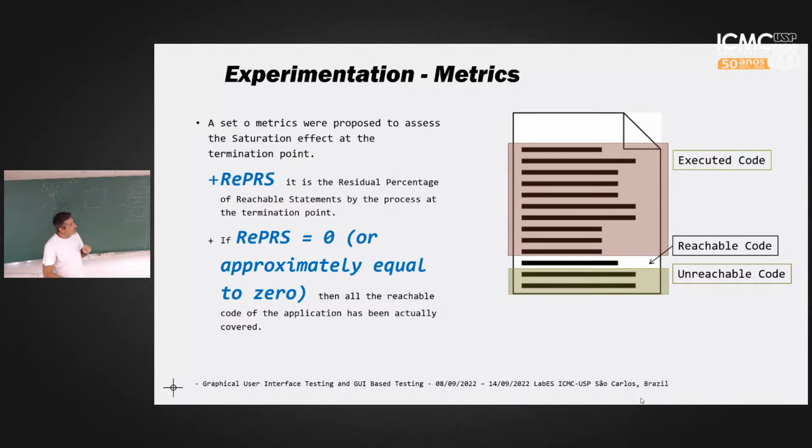But I have another observation. The reachable code that was not executed depends on the configuration of the testing tool.